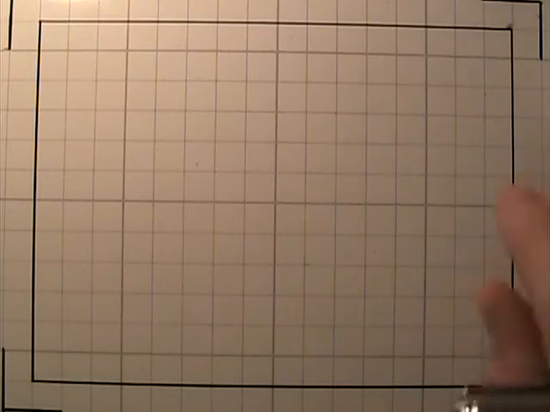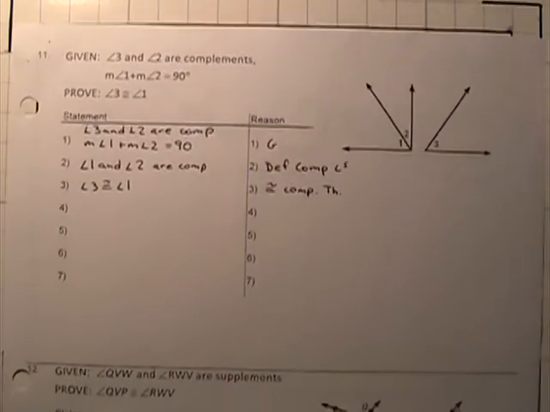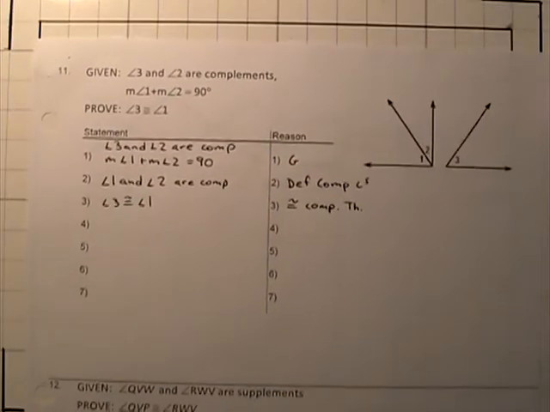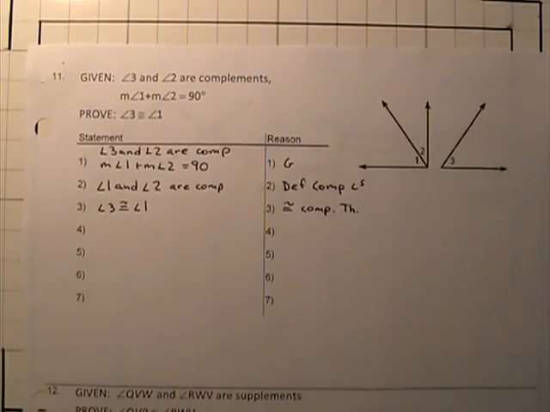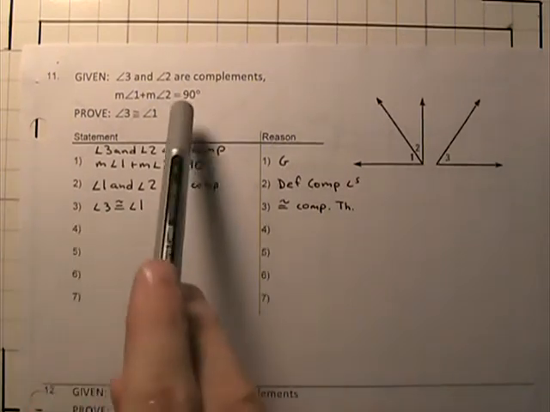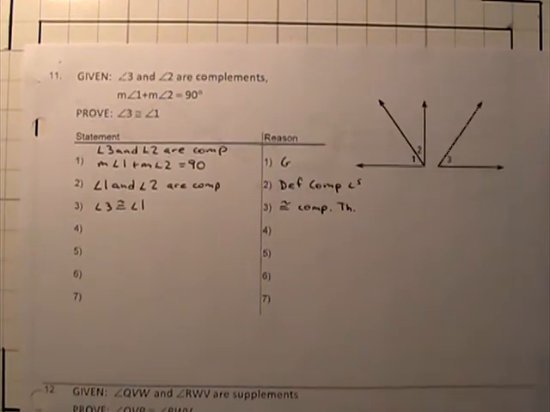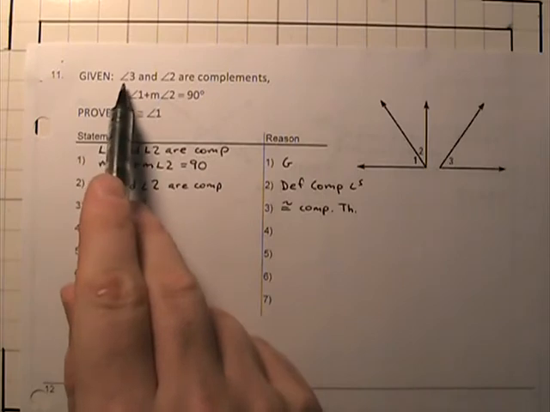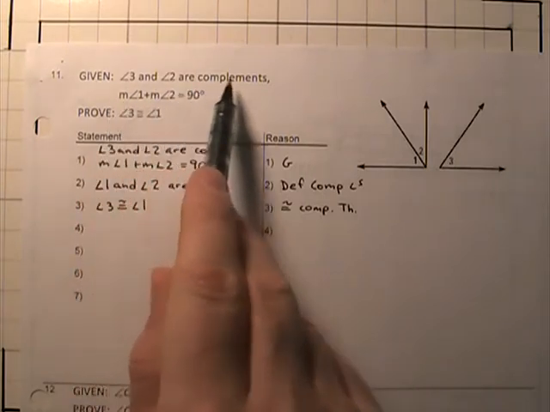So what you're going to do with all this is when you start to analyze a proof. So here's a proof that I've done, one of our examples from the worksheets that I gave you. And this is trying to help us show, it gives us that angle 3 and angle 2 are complements.